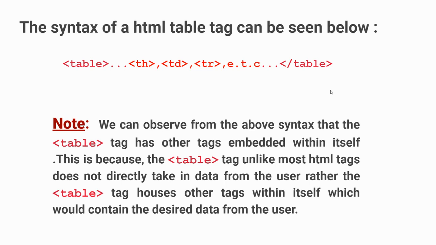So the table tag isn't like most tags like the anchor tag, the p tag, the heading tag, some of these tags that contain text directly in between them. The table tag doesn't work that way. Rather, the table tag has sub tags within itself. Those tags are what are used to structure the data within the table.